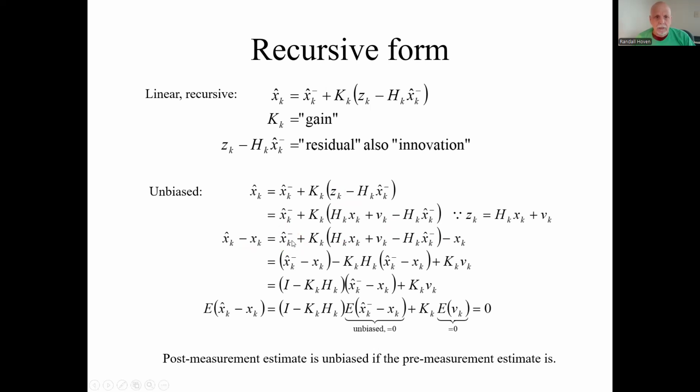We have this X hat minus this X there. We can pull out the K and the V on its own. And then these two H terms, we can pull out the H, and we have an X minus X hat. And then these two terms are the same, so we can combine them again. We have an identity matrix minus that KH times that. And now when we take the expected value of everything, the expected value of the V, by the system model, is zero.